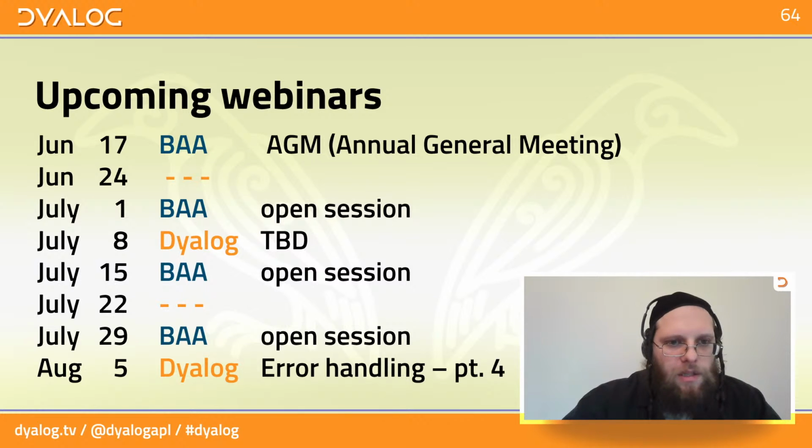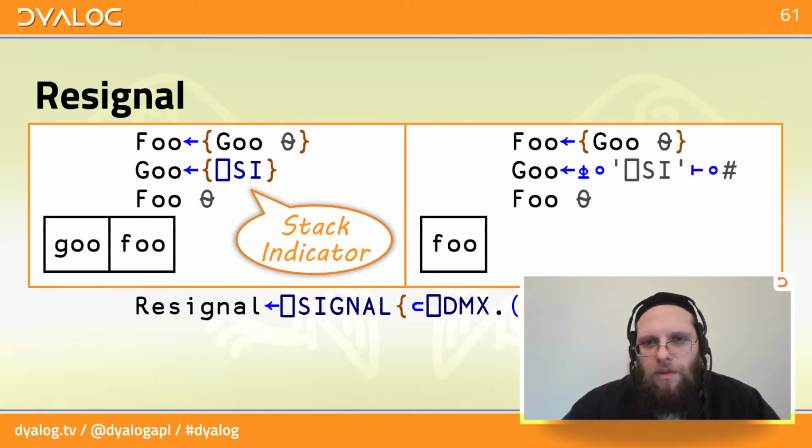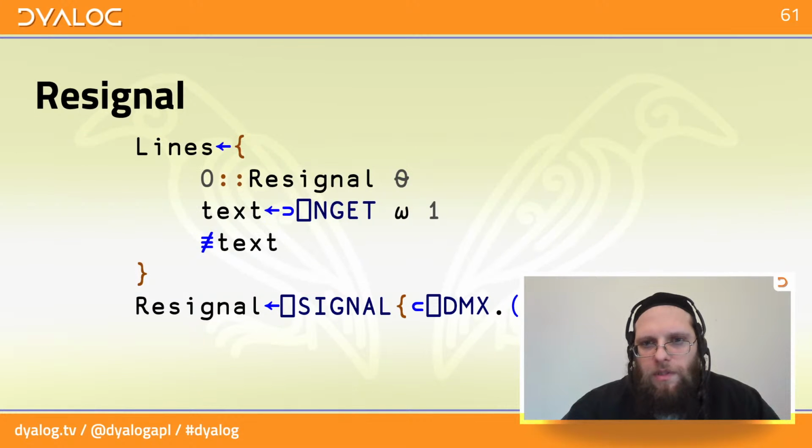Devin asks if Resignal can also pass the dummy right argument to the defin. Yes, so if we go back and look at the Resignal function that we had here, we can see that we need to return.